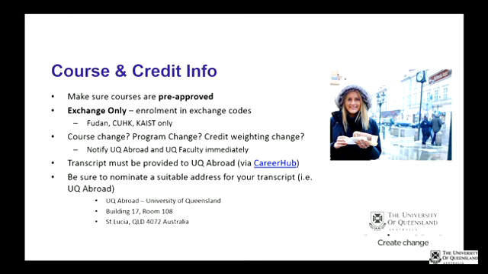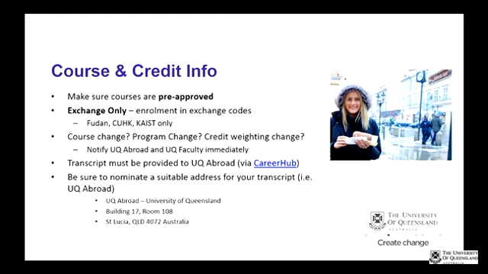Okay, so in terms of courses, make sure that all of the courses that you plan on taking are pre-approved if you're planning on getting credit for them. If the course that you've originally had approved has changed, if the program changes, if the host university has changed the credit weighting, make sure you notify UQ Abroad and also your faculty as soon as possible.